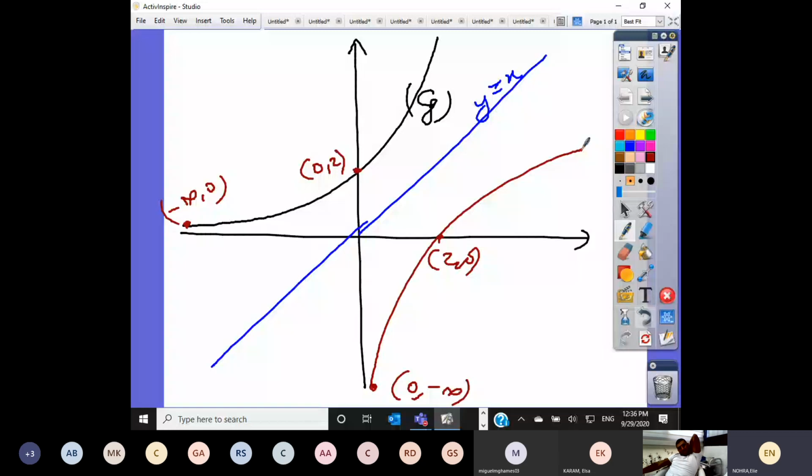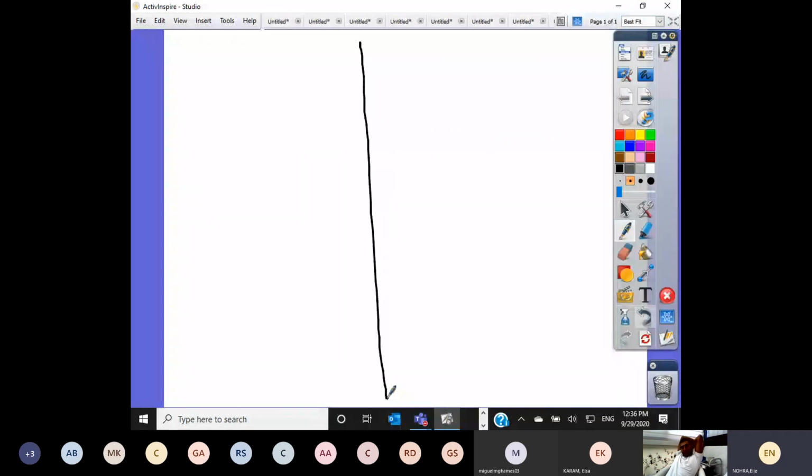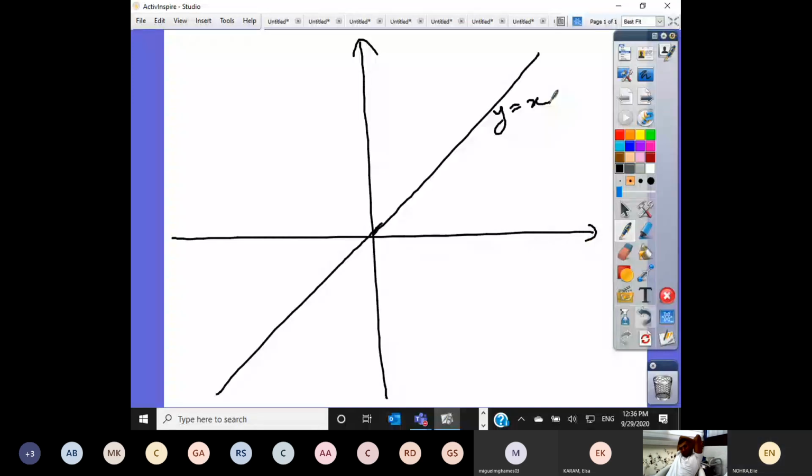However, if I take another interesting example. To draw the oblique, the curve of the inverse function, notice that this point of intersection is going to be the same point because it belongs to y equals x, and you will have this shape.